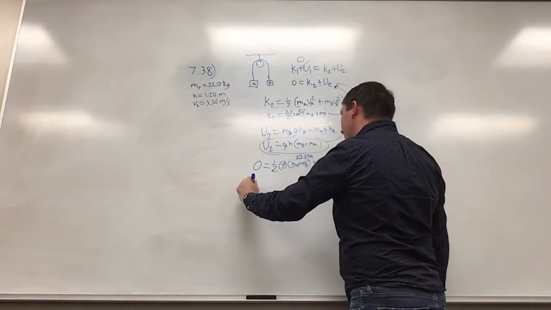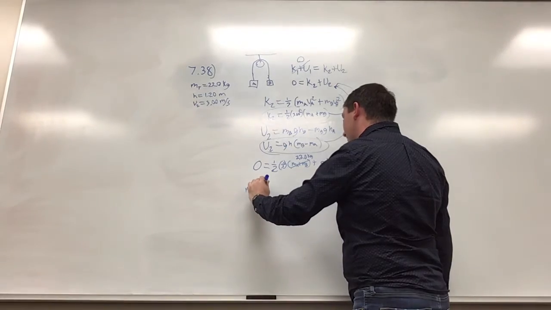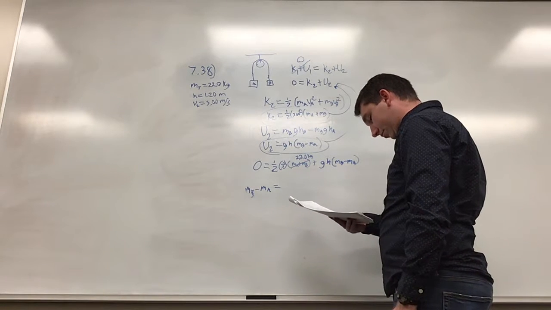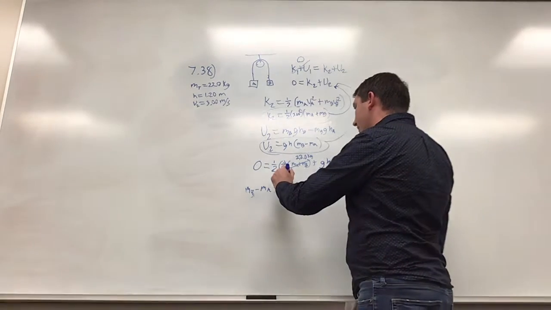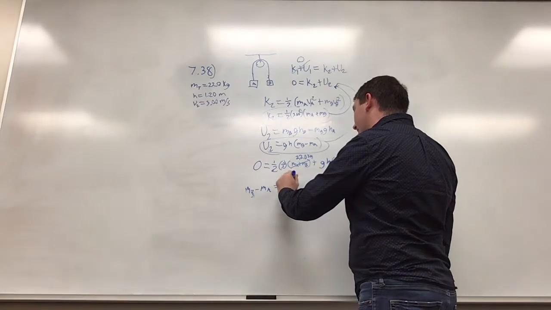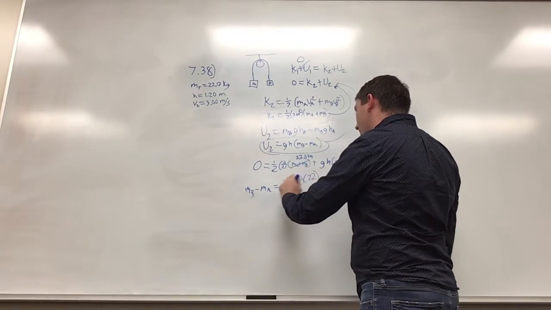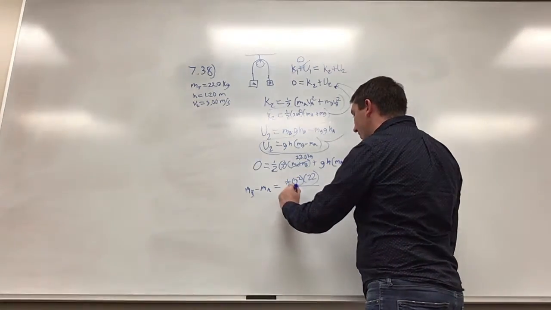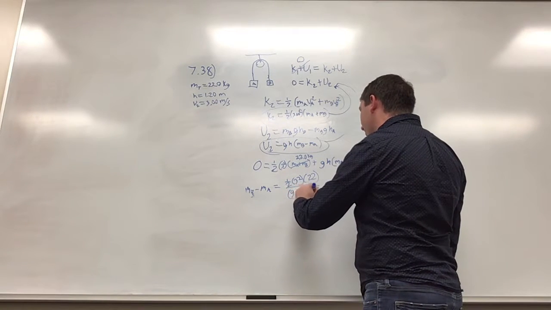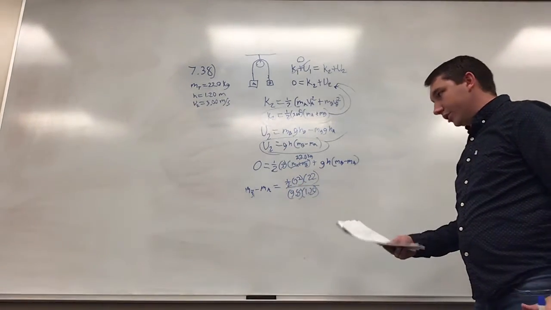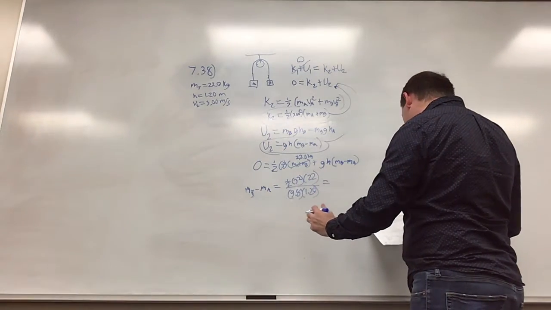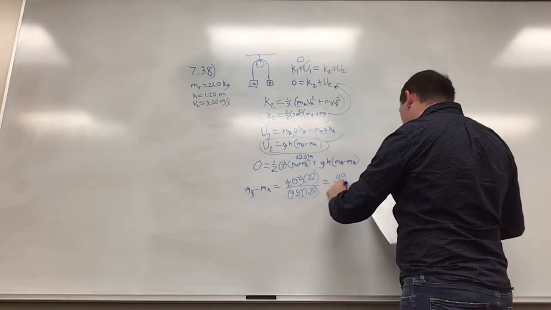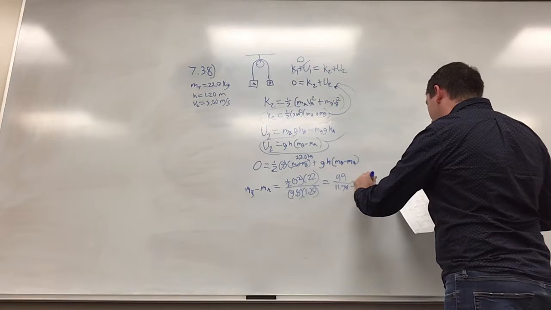So mass B minus mass A is going to be equal to 1/2 times 3 squared times 22 divided by gravity times the height, which gravity is going to be 9.8 times 1.2, which when you do the math comes out to 99 over 11.76, which is also equal to 8.42.